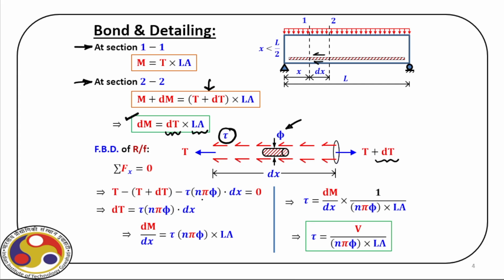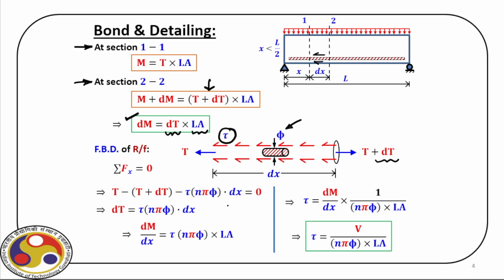For that we have pi times d, or 2 pi r, the perimeter, times the number of bars times dx, which is the total force. Obviously, all of them will maintain equilibrium if there is no slip, and therefore this will be equal to 0.